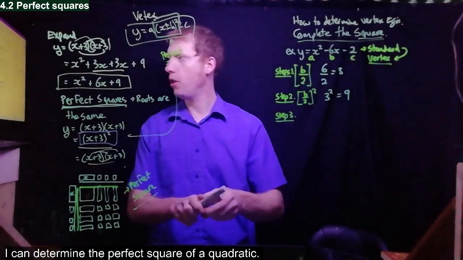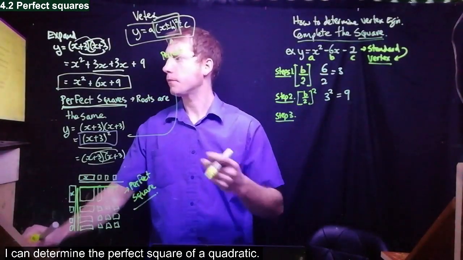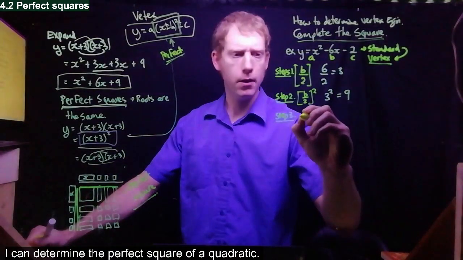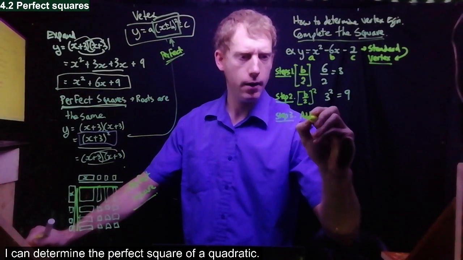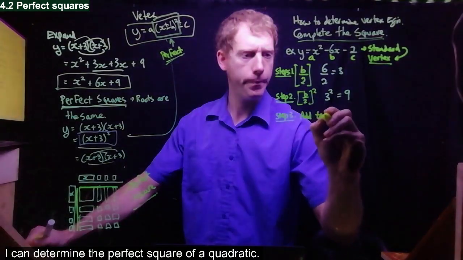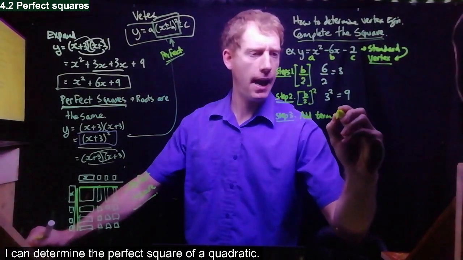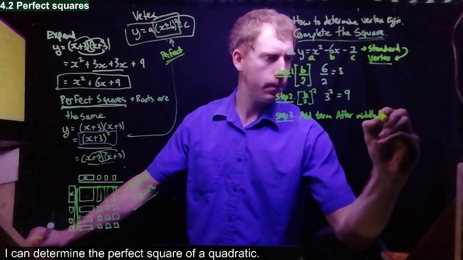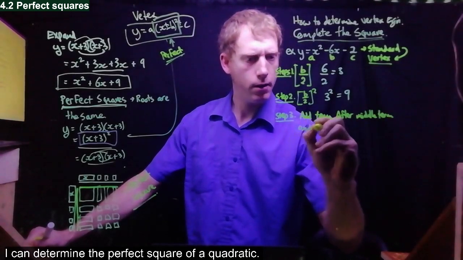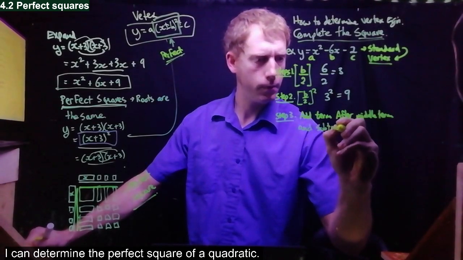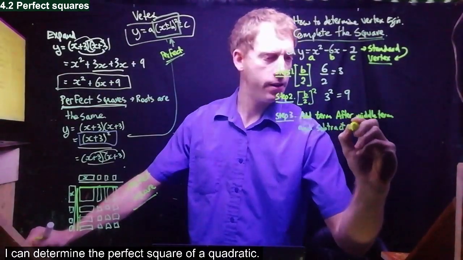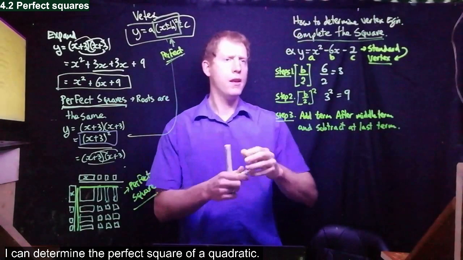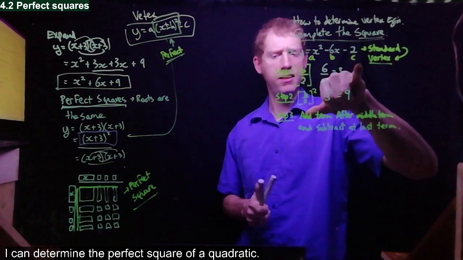You're going to add that term after the middle term and subtract it at the last term. This is the middle term and this C is the last term here.